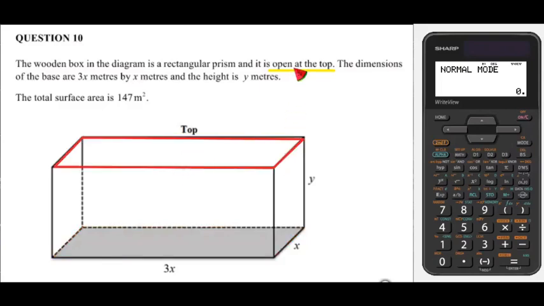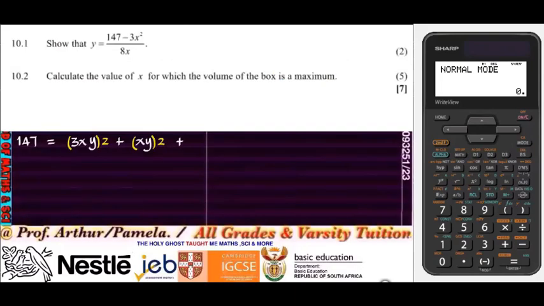They told you it's open at the top. So you only use the bottom one, 3x times the x, that's all. You can't use the top. That's all, 3x times x. So that means we're going to write 3x times the x. There we go.